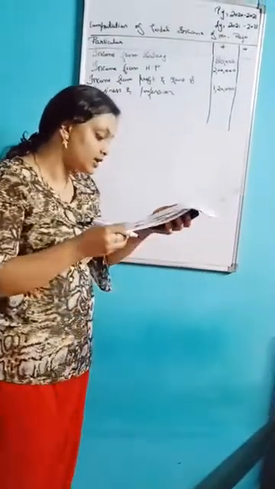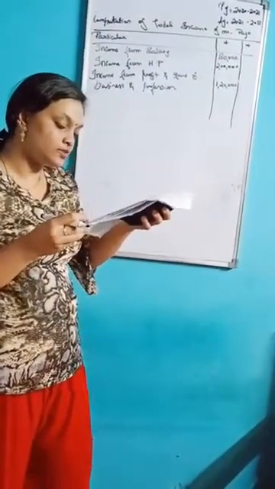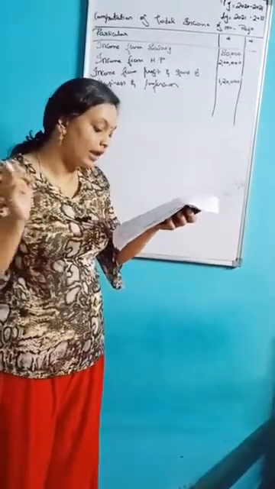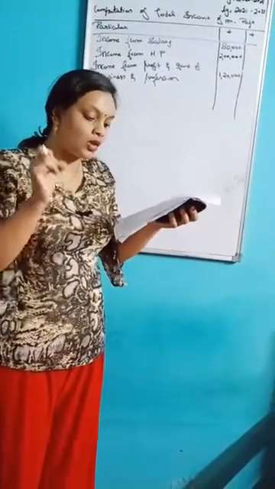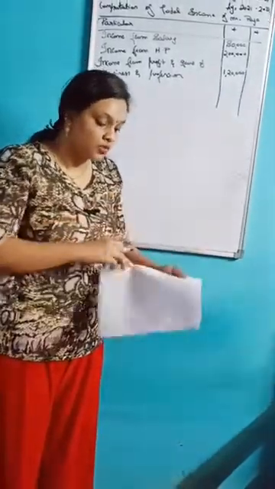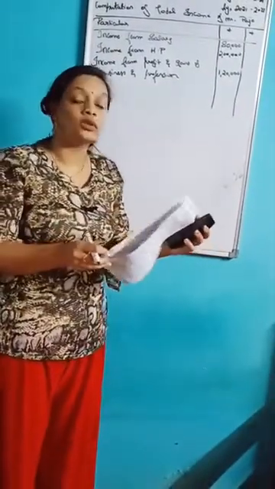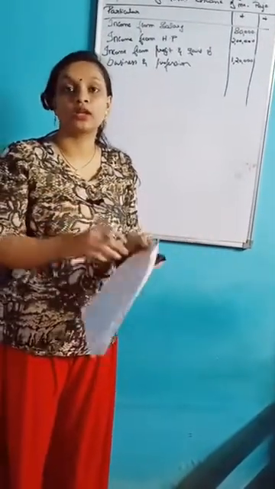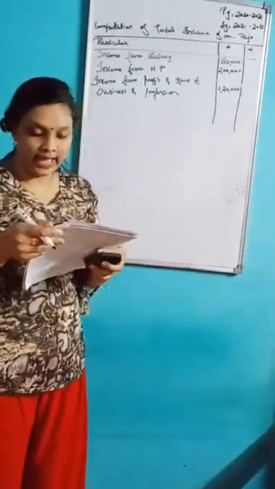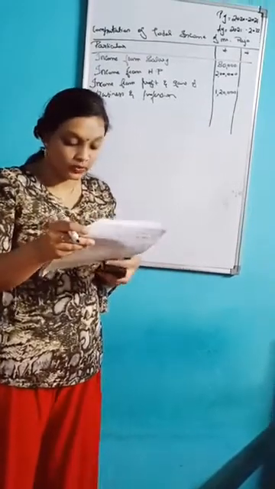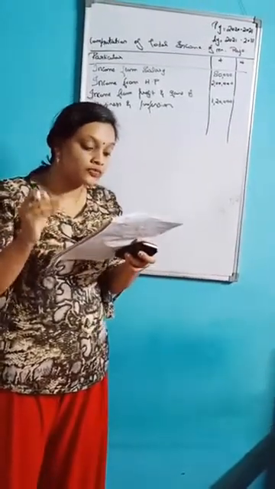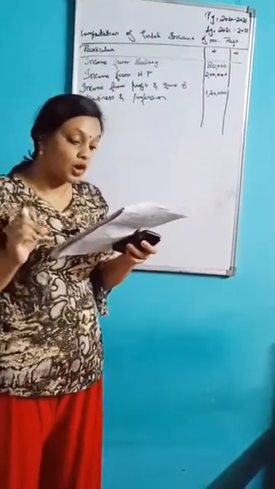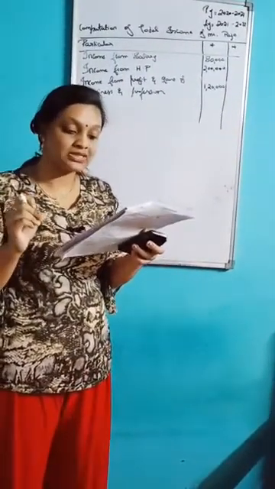Next one is loss of speculation business 40,000. Next, long-term capital gain 80,000. Short-term capital losses 60,000. So in the question you should not take the value of the loss from speculation business, because losses from speculation business can be set off only against profit from speculation business.